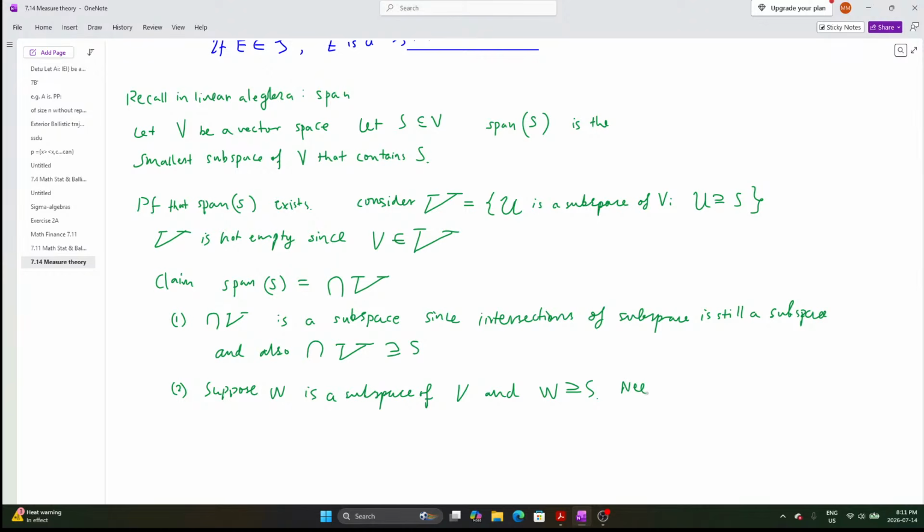Need to show W contains, sorry, not the union, but the intersection of big V. So that's basically the smallest part. This is the smallest part of the claim.